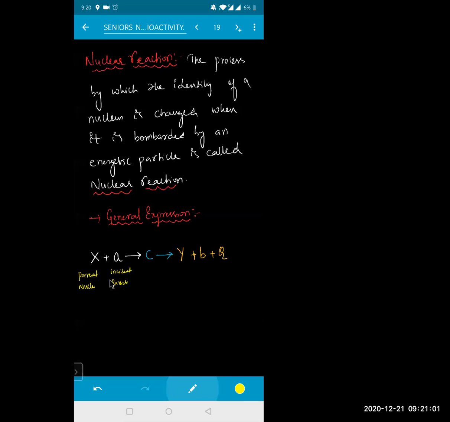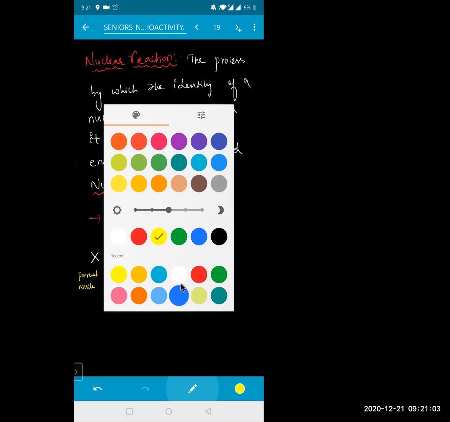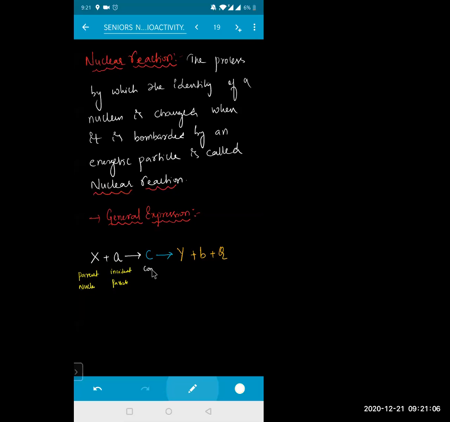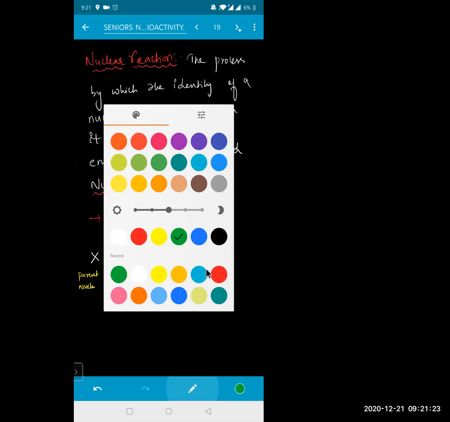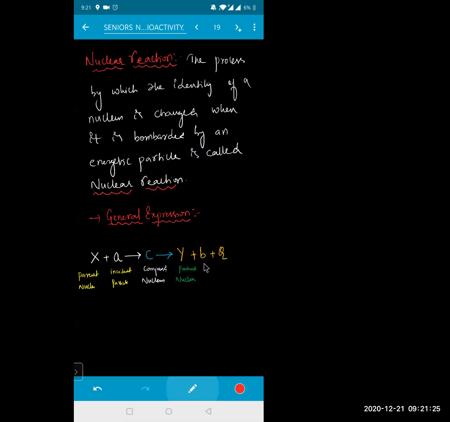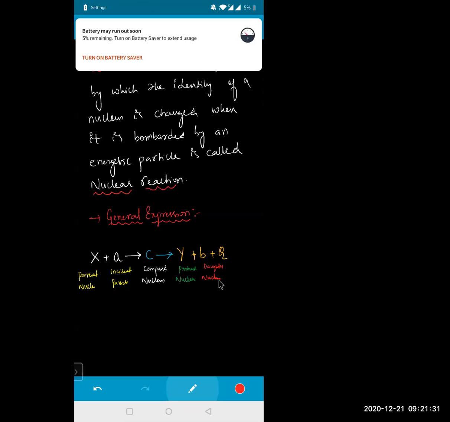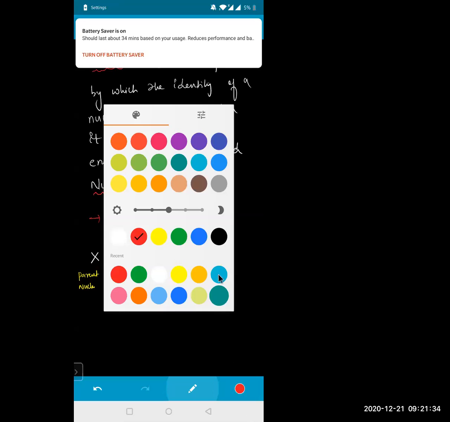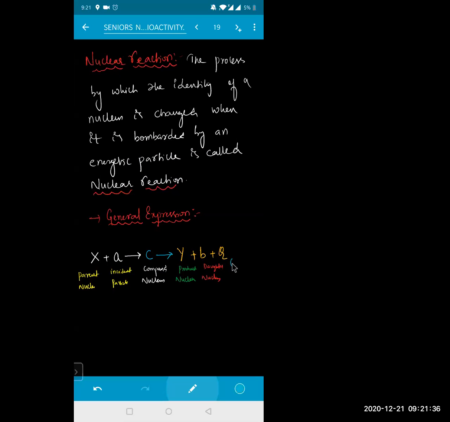When an incident particle is incident on the parent nucleus, we get a compound nucleus C, which gives me Y. Y is the product nucleus, B is the daughter nucleus, and Q is the energy released.